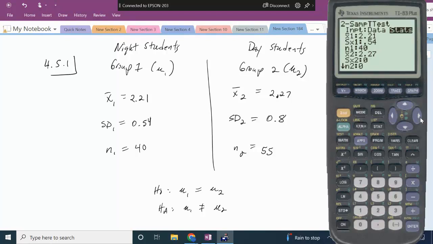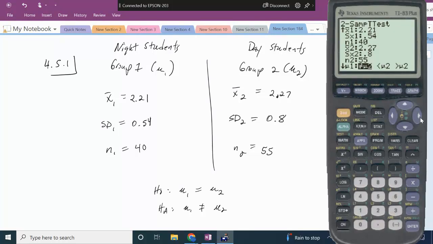Standard deviation for the second group is 0.8. And the sample size is 55. All right, so whenever you're working with two means, okay, you must know all 6 of these statistics.